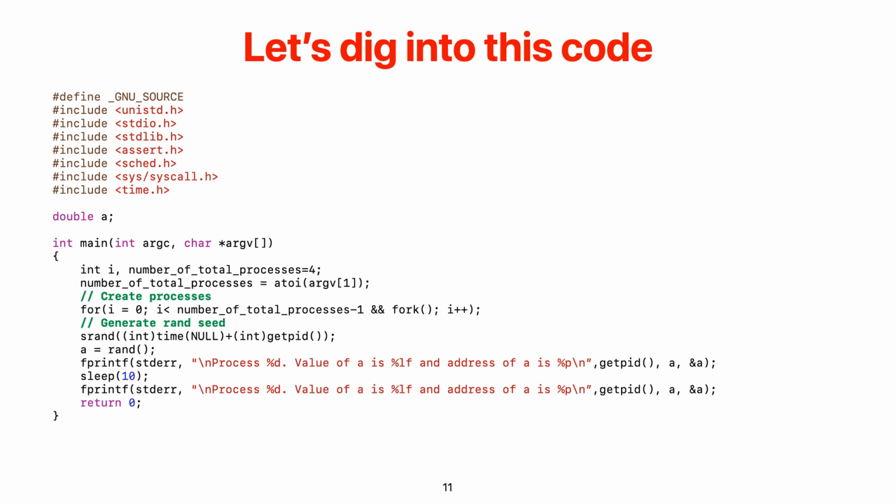Each of the programs would modify the value of A, which is a global variable. And in the print statement, it will print out the current process ID, the value of A, and the address of A. After sleeping for 10 seconds, the program will print that value again.